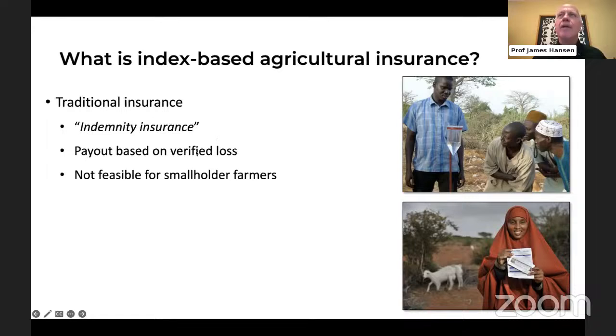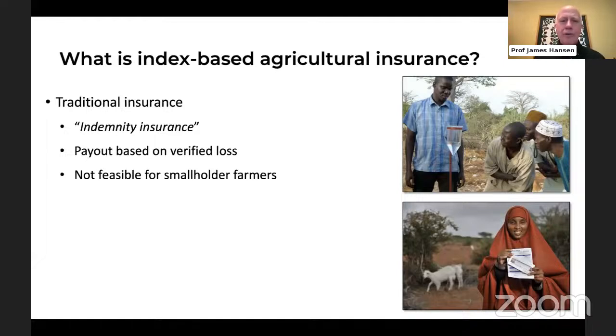The payout is based on a loss that is verified. So with traditional insurance and most forms of insurance, not just in agriculture, if a policyholder experiences a loss, then they will submit a claim. The insurance company will usually send a person called a claims adjuster to the farm to verify that the loss actually occurred.